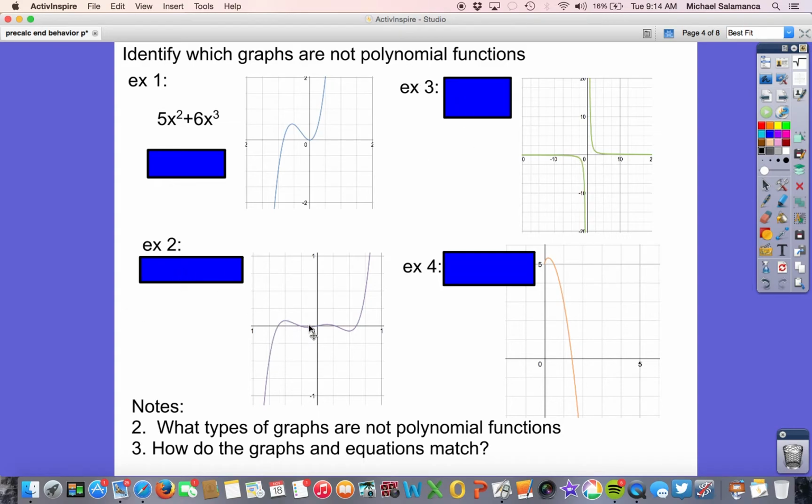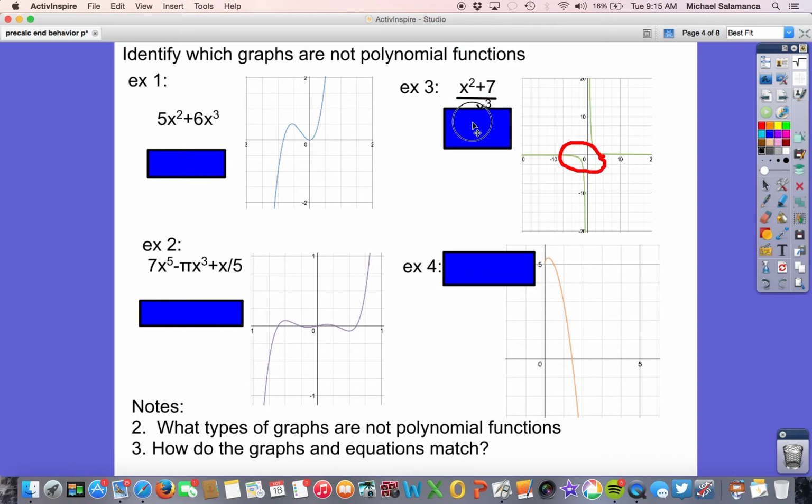Example 2, you'll notice that it is continuous and does not have any sharp curves or sharp turns. Therefore, it is a function, which matches example 2. Example 3, you'll notice that there's a break in the graph. There's this area right here where the graph should have been connected, but it's not. And because of that, it is not a polynomial function, which matches example 3 of the previous page.